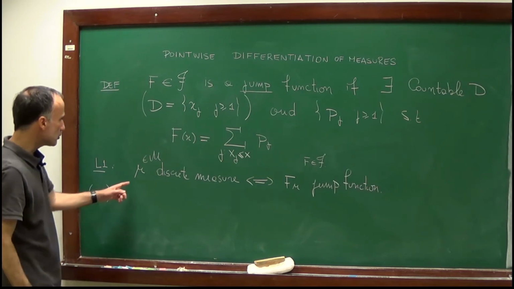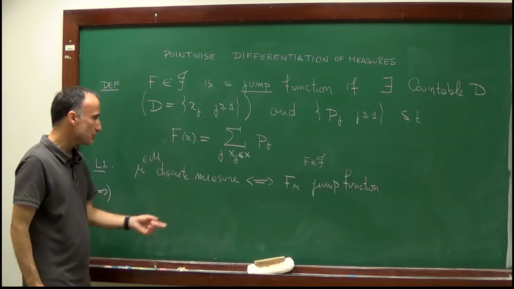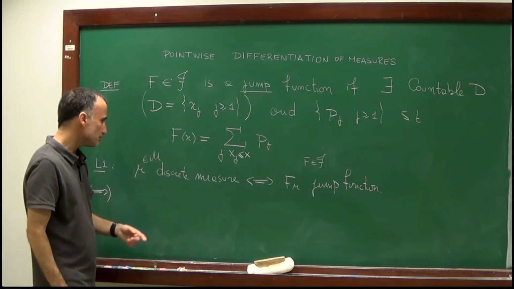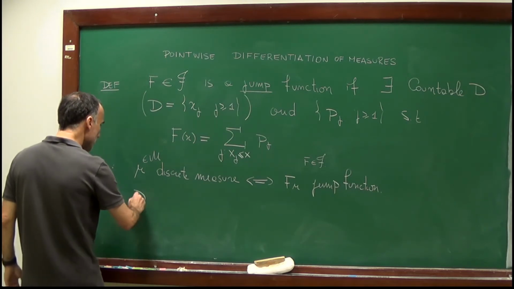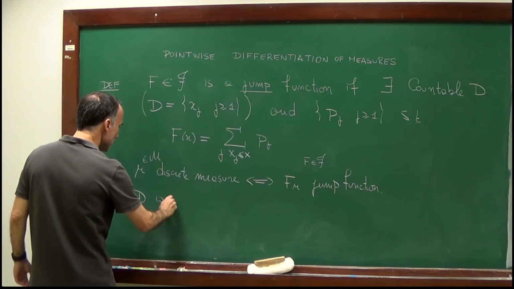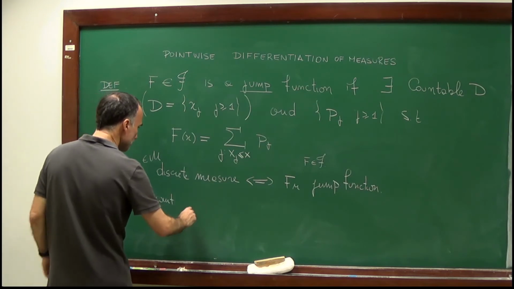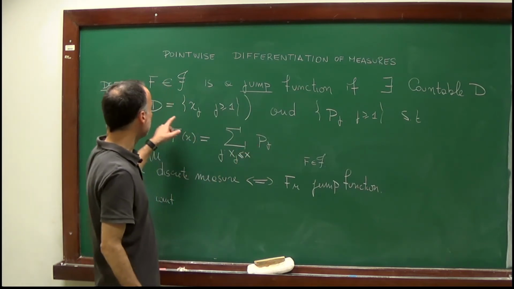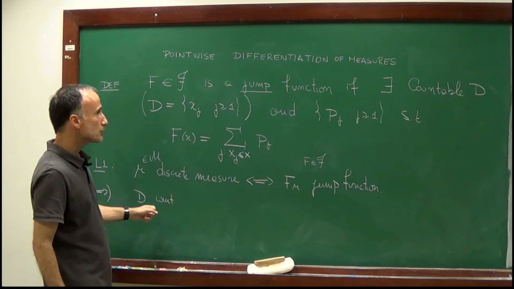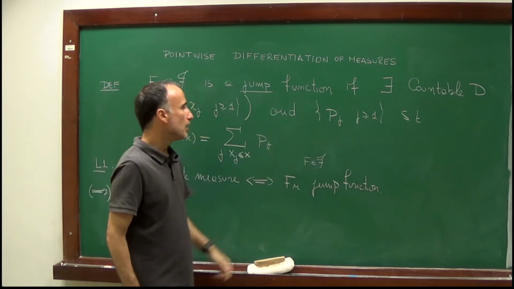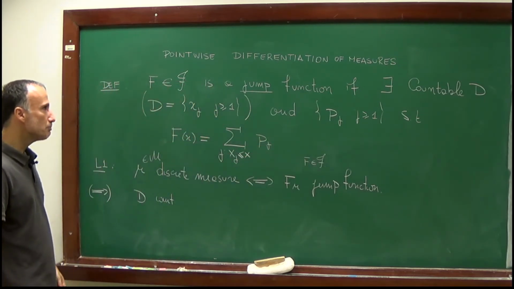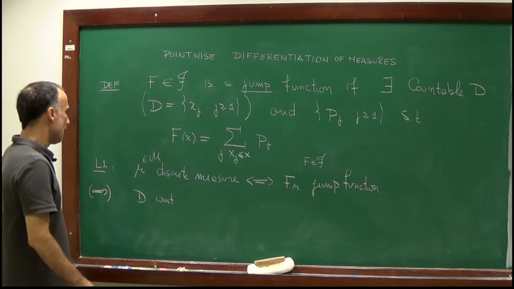So let's assume first that mu in M is a discrete measure. If it's a discrete measure, there exists a countable set D, and weights. So let's write D in this way, x_j. And there's also a countable family of weights, p_j.